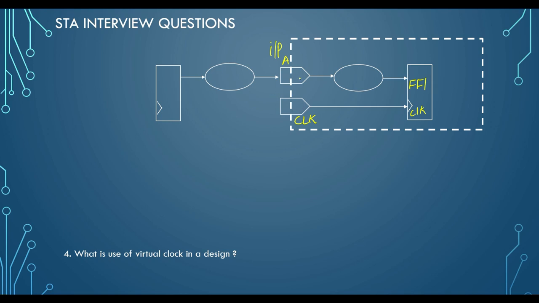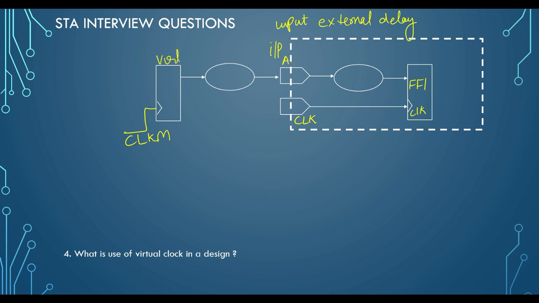But to do the calculation for your input to reg path, which is an interface path, there is an assumption that there is certain logic outside of this partition, and that has a certain input external delay. In the timing report you can see it exactly mentioned as input external delay, where some value is specified. The assumption is that there is a virtual clock, with the same name or maybe a different name, CLKM let's say, triggering a virtual flip flop.